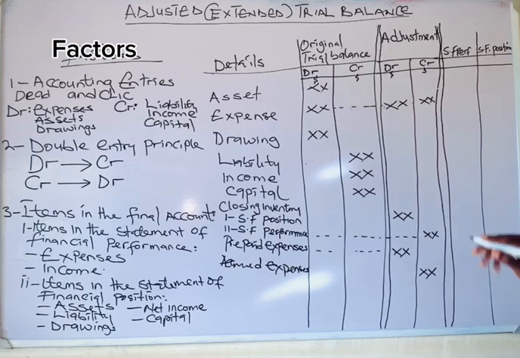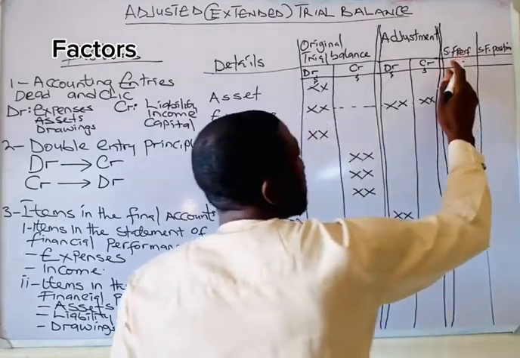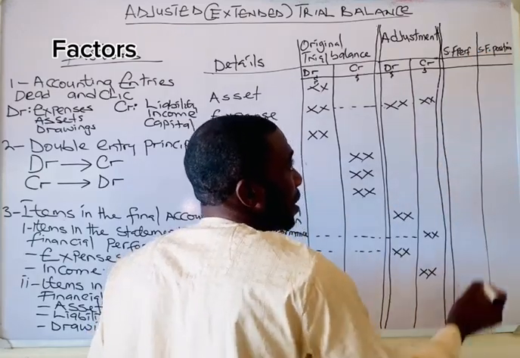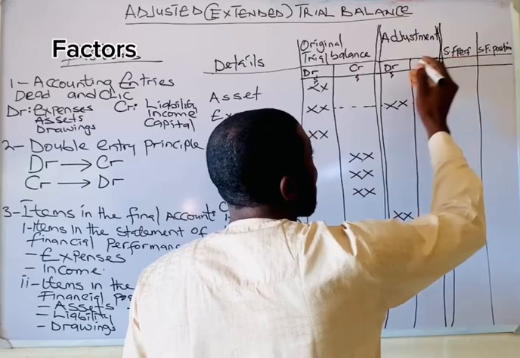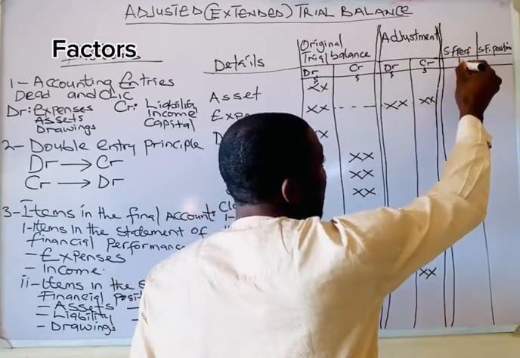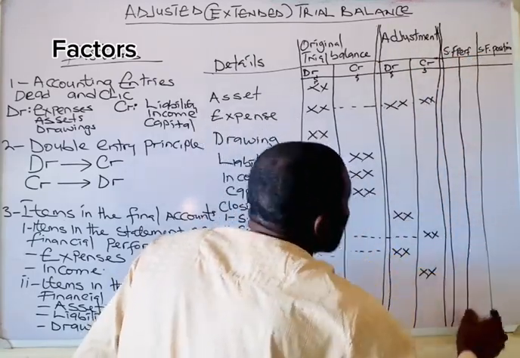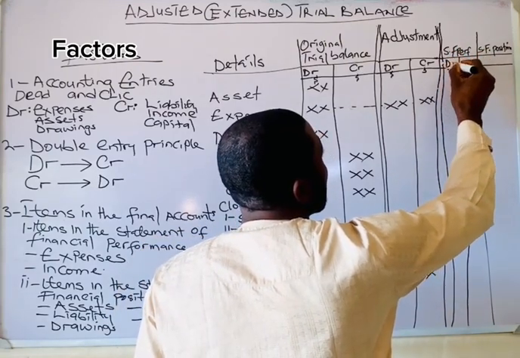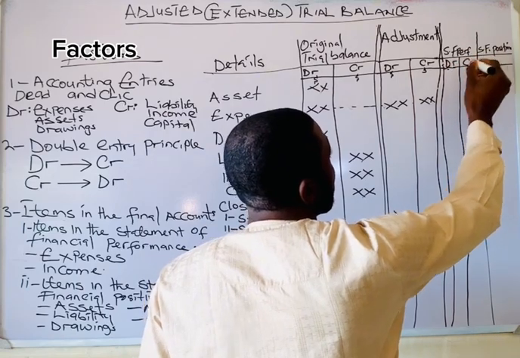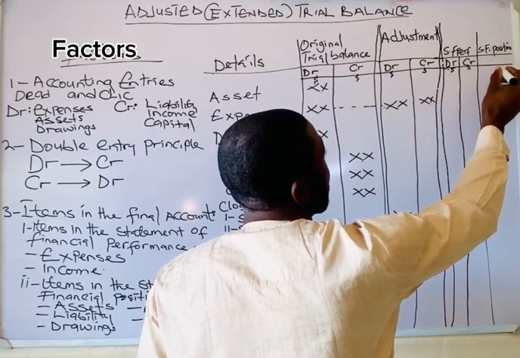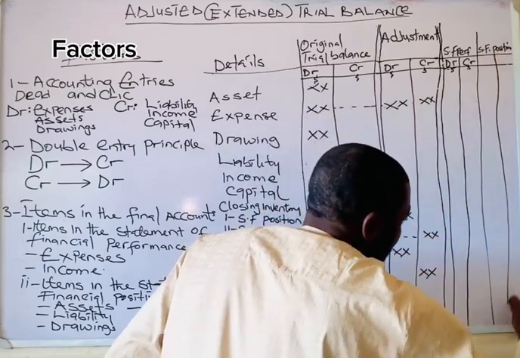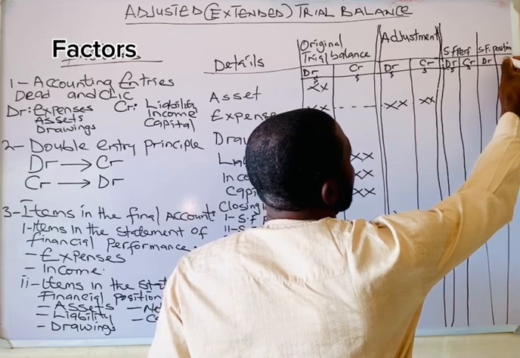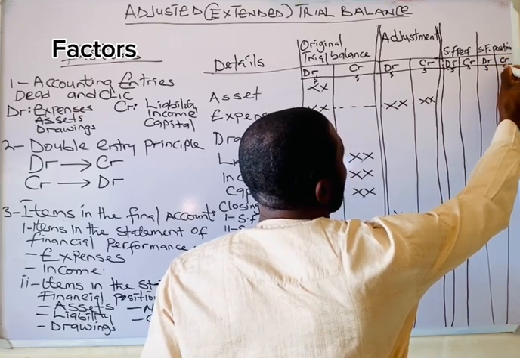Please, sorry for this, there's no space. The statement of financial performance must have two sides of the account, one debit and one credit, just as we did for these columns. You divide it: debit and credit, then your currency sign. Here is the same thing: your debit and credit, currency sign and currency sign.